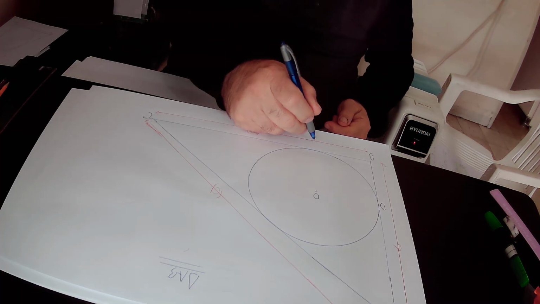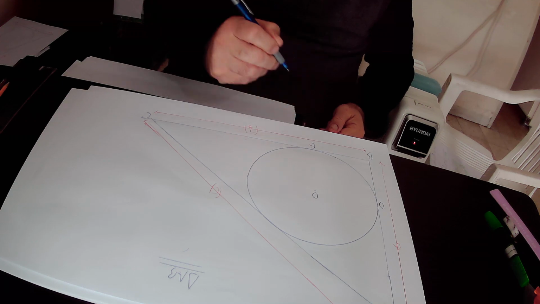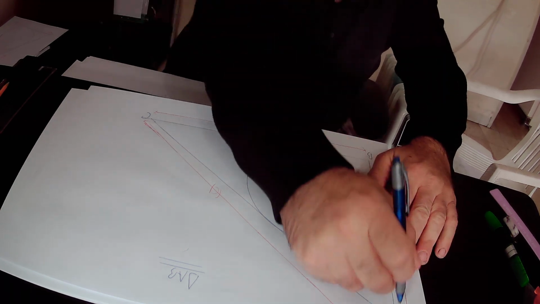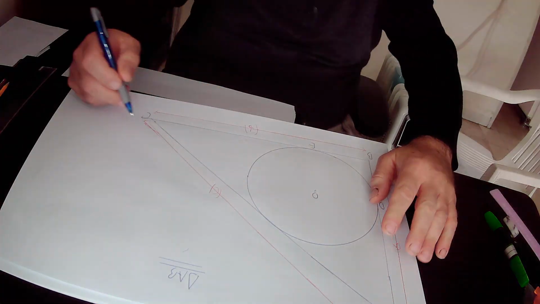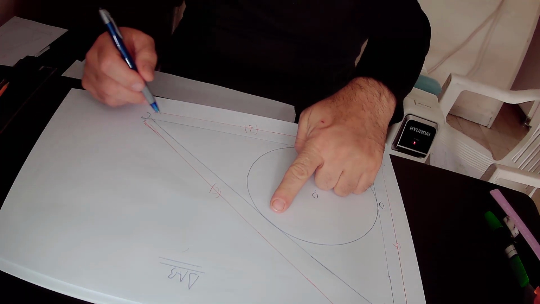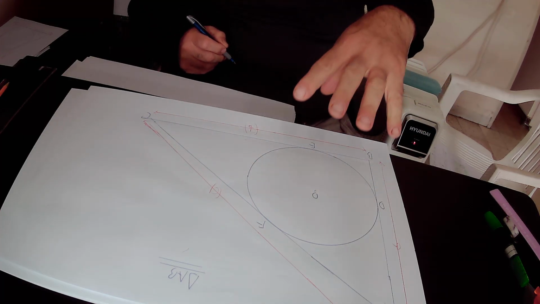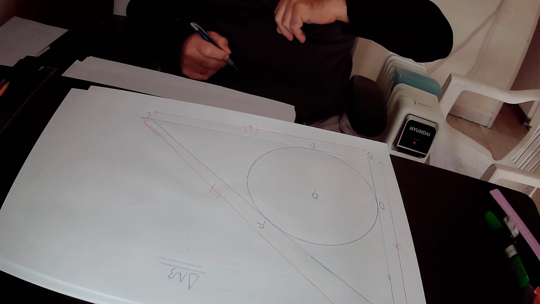This point is point E. We define the point of tangency of tangent AC with this circle. This point is point F. And again, the radius of this circle is R according to our definition.